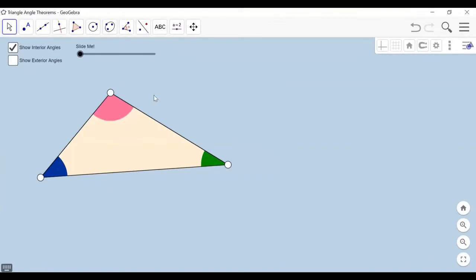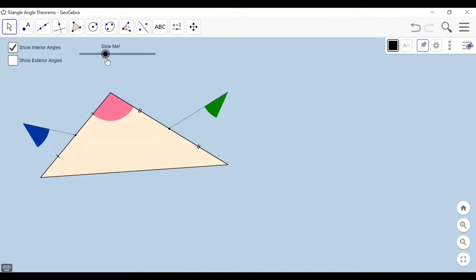Can you see that? This is the triangle. The picture shows the interior angles of the triangle. Let's observe the angles here. If I slice the angles, what can you see? What do you observe?